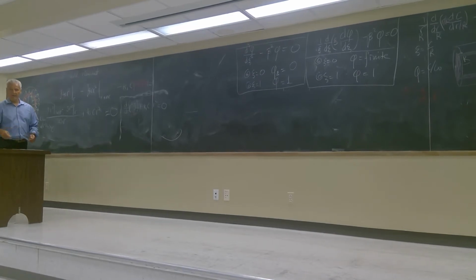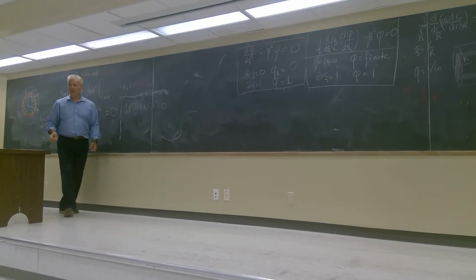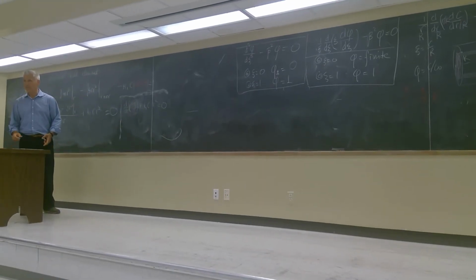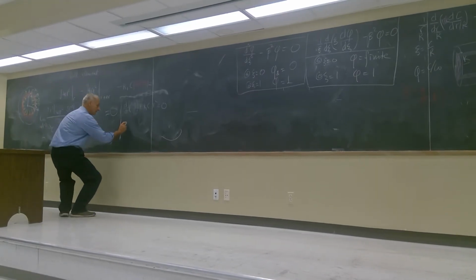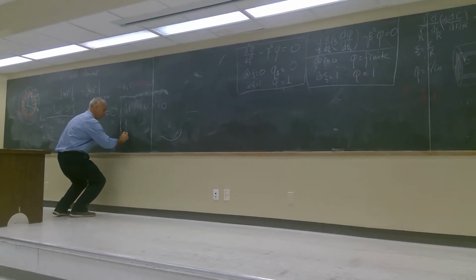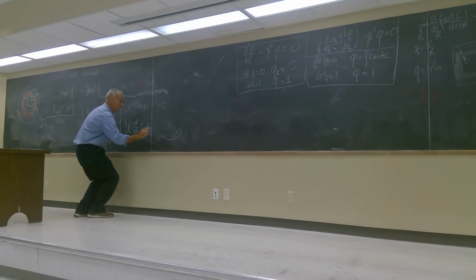The next thing will be to substitute for J by means of negative script D dC dr, which shall give us d dr r squared dC dr minus, because the sign changed, k1 over script D times C is equal to 0.